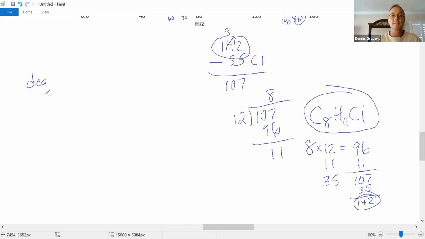Count up the degrees of unsaturation. Okay, there's 8 carbons, so 2 times 8 plus 2. We actually have 11 hydrogens, and then the halide counts like hydrogen, so add in another hydrogen for the chlorine, and subtract.